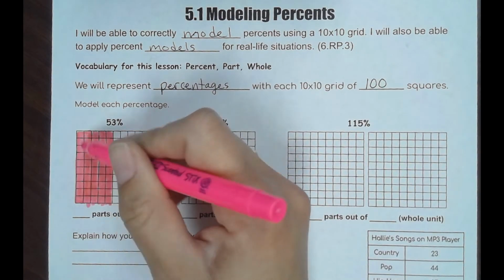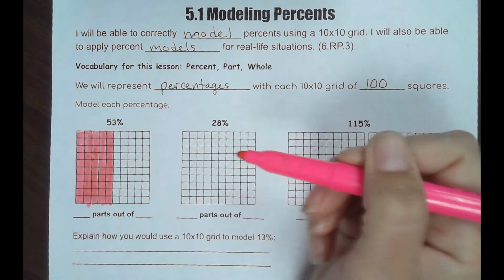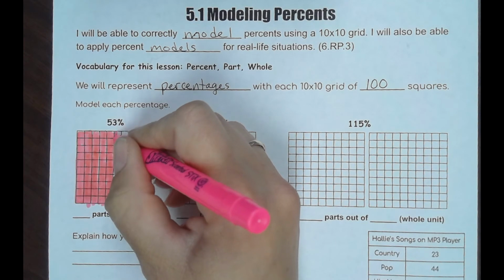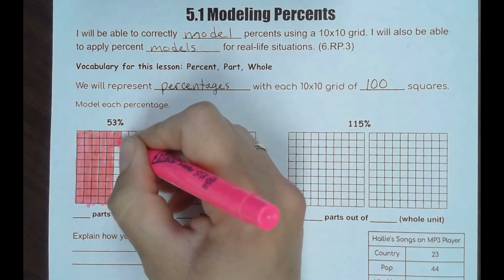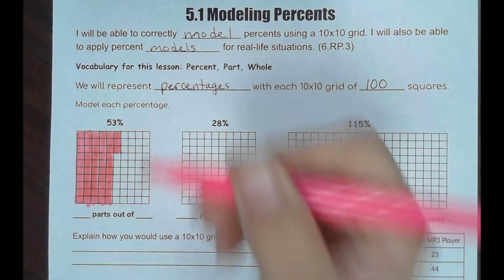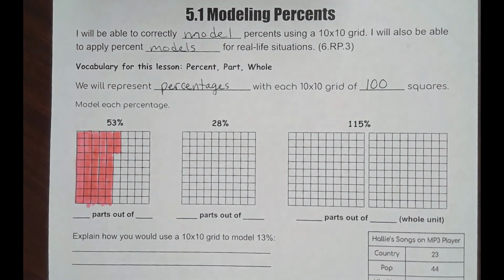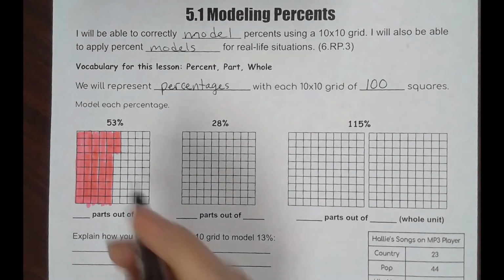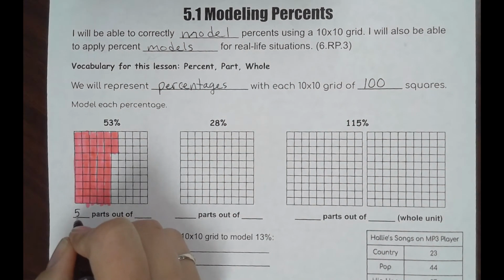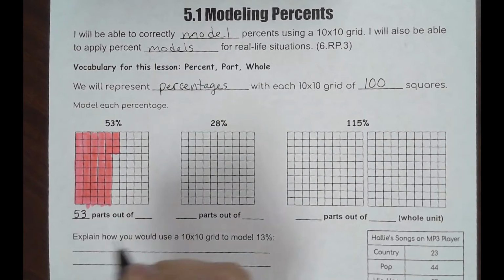So you see how we have 5 lines of 10. So 53% would be 1, 2, 3 more. 53 parts out of 100. That's what 53% means.